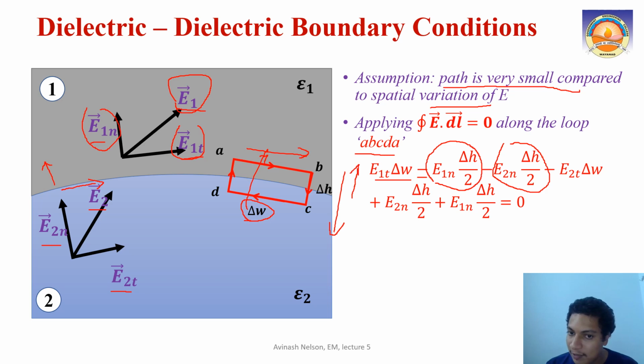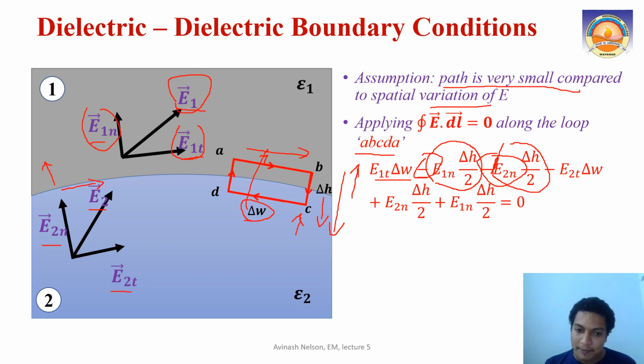That is why you have given negative here. Even when you came from the boundary to C, your E2n, the normal component in medium 2, is also in the opposite direction. That is why we have placed negative on these two components: minus E1n delta S by 2 and minus E2n delta S by 2.